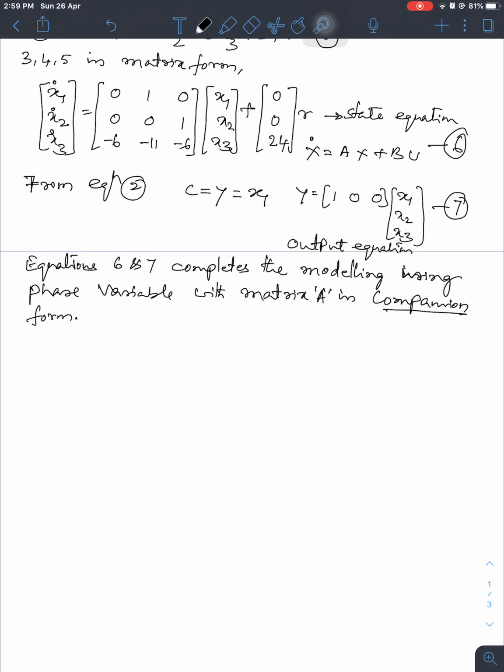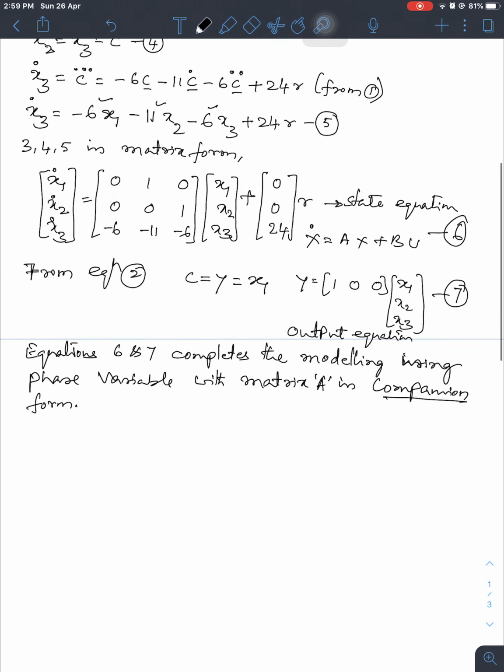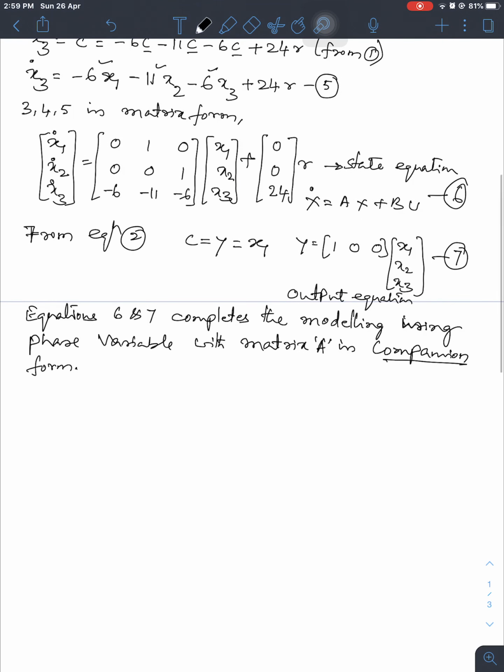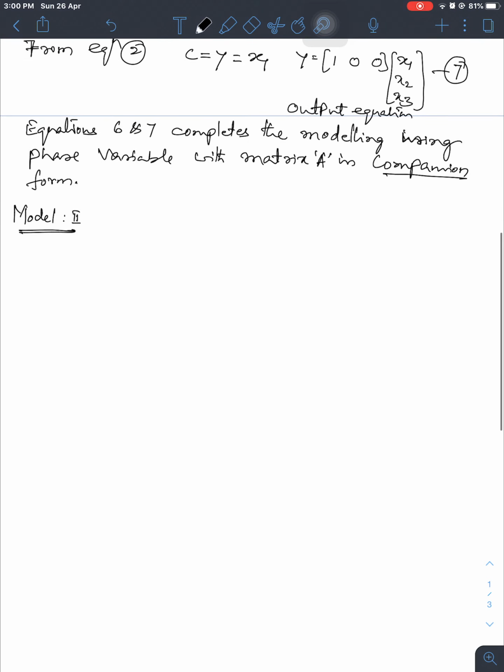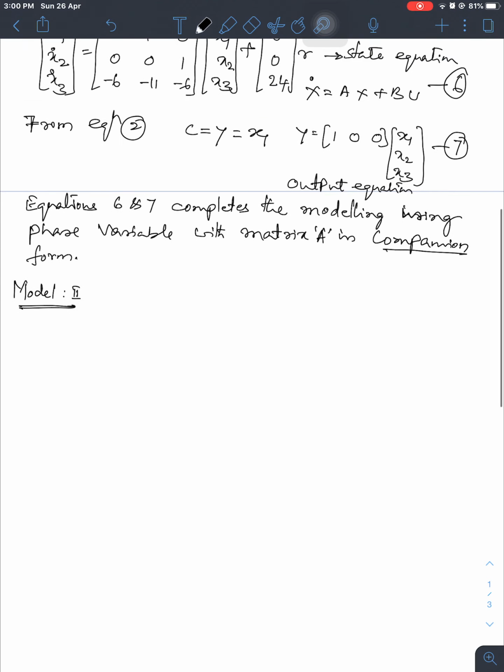We will arrive at the second model, okay? This is model number 1. Now we will try to do model 2, second model. How do we do this? Model number 2, we will try to see the given transfer function as partial fractions, and we have done this also, the canonical form.